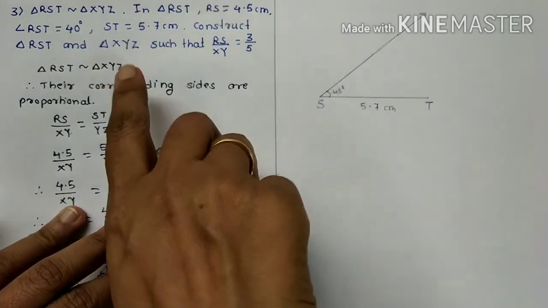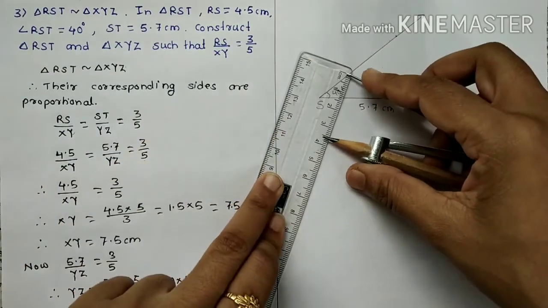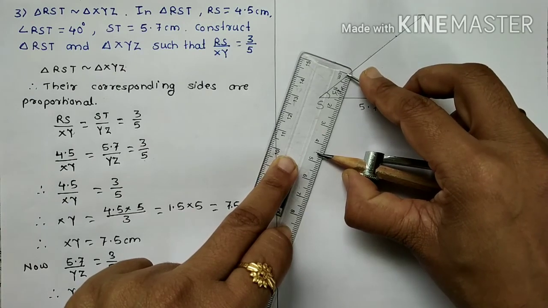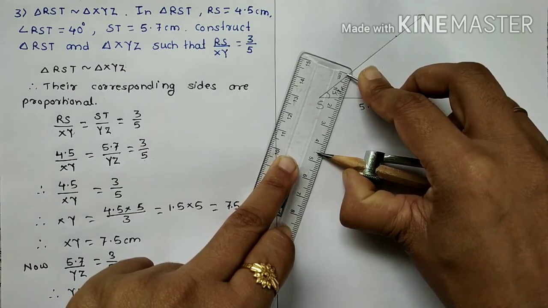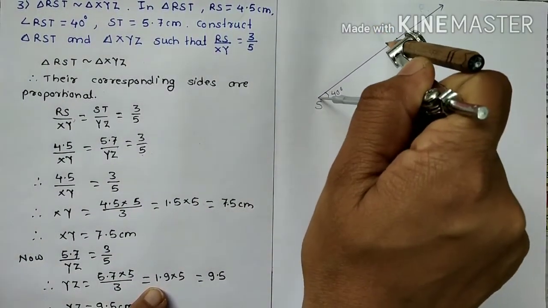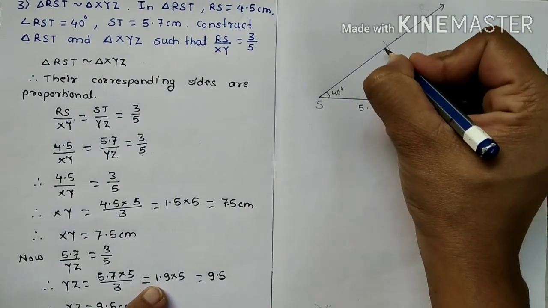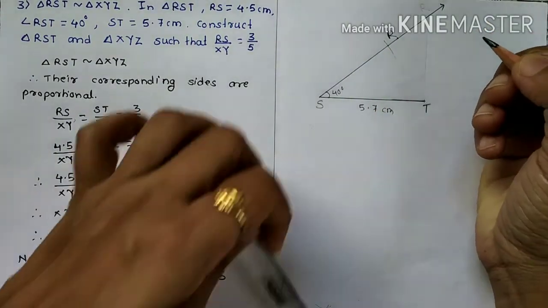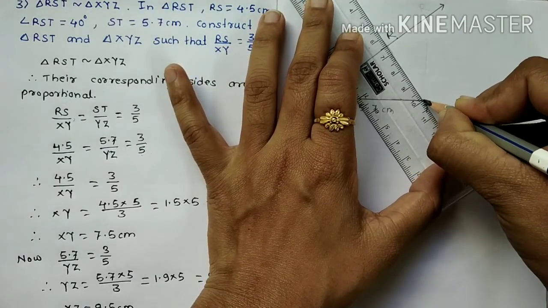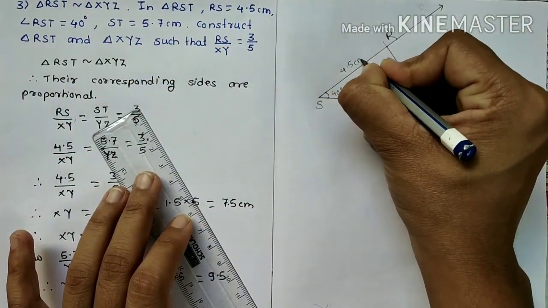Then RS is what? 4.5 centimeter. So take distance 4.5 centimeter. Now cut an arc from point S. This is point R. Now join. 4.5 centimeter.